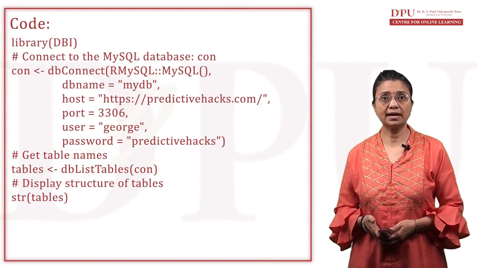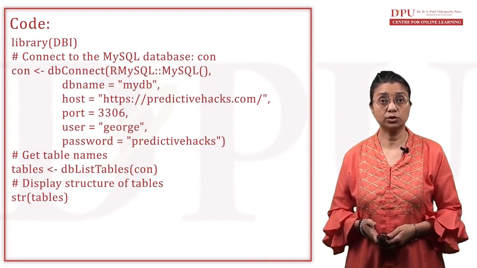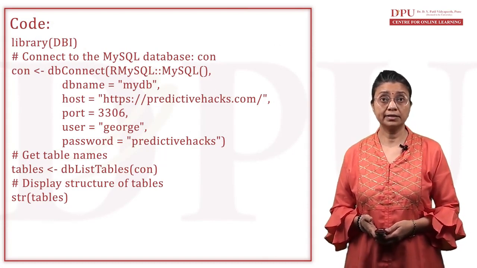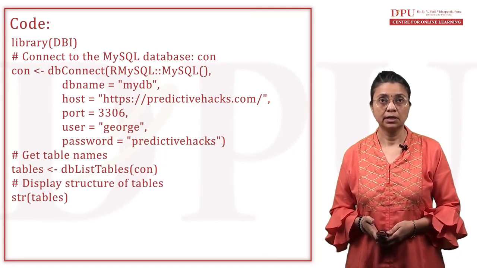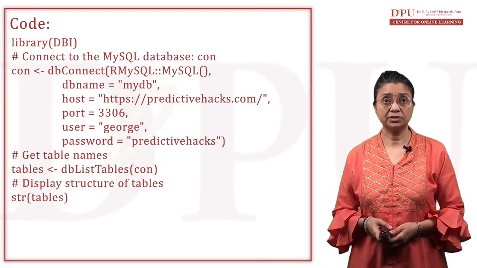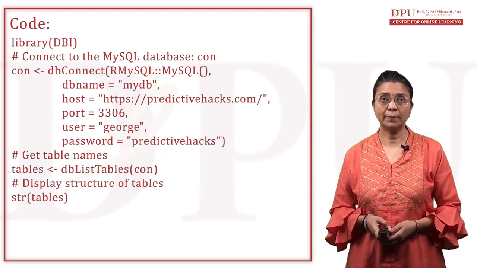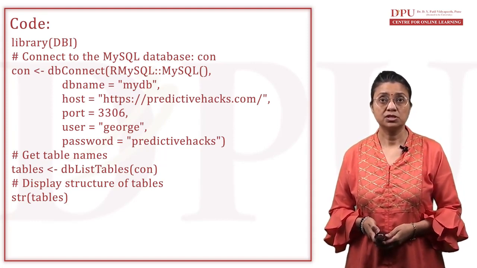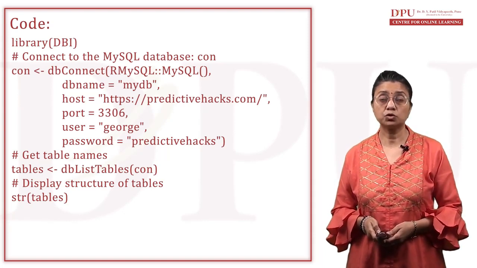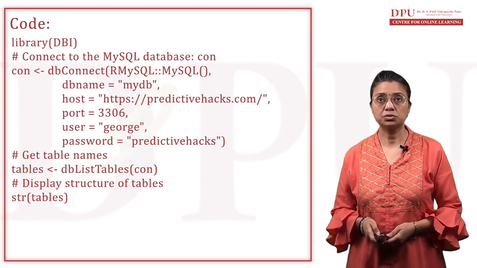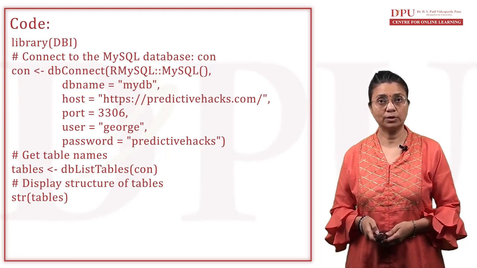Now, let's have a look at this code and understand what's happening and how we are connecting to the MySQL database. You can see that with the library function, you have loaded the package DBI. As you know, the DBI package, which is compatible with almost all the databases, is used to connect R with SQL.